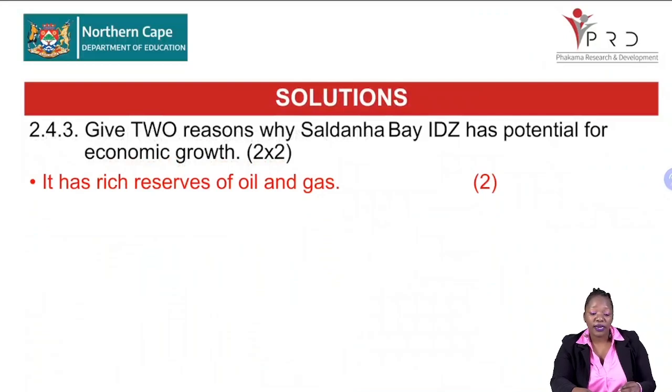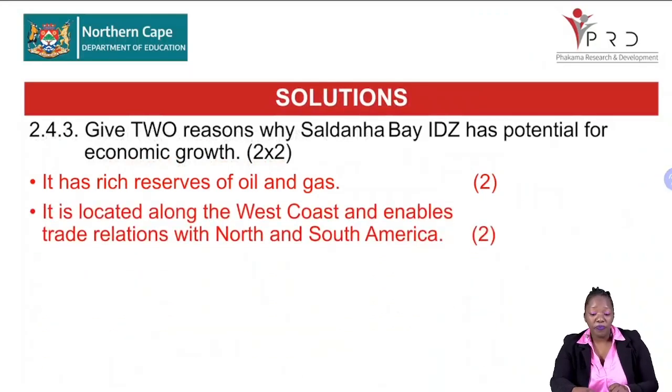So if they have rich reserves of oil as well as gas, that puts them at a potential for economic growth. Then secondly, we're looking at the location along your Western Cape, which is your west coast, that enables trade relations. So they have the harbor, which means they are able to do international trading.